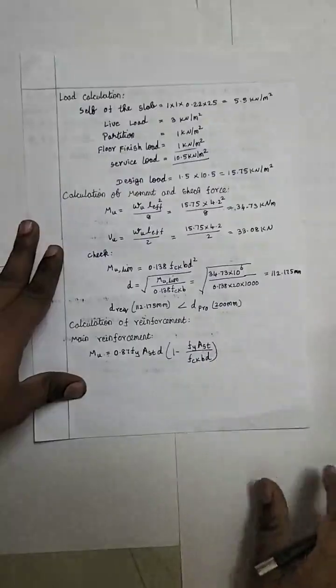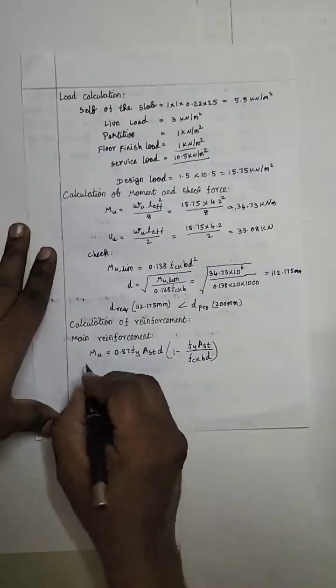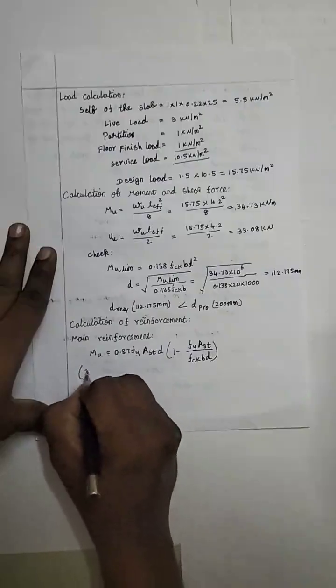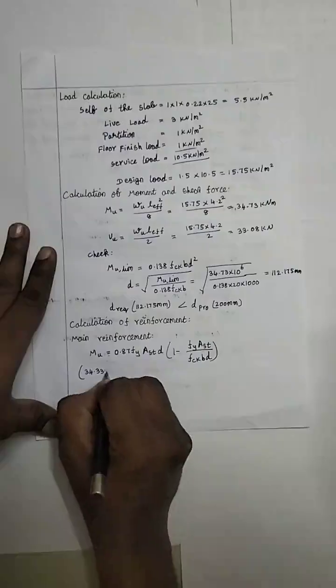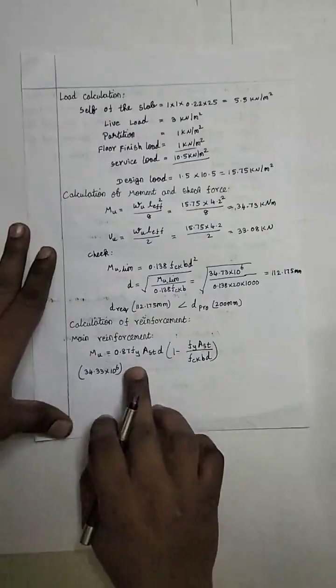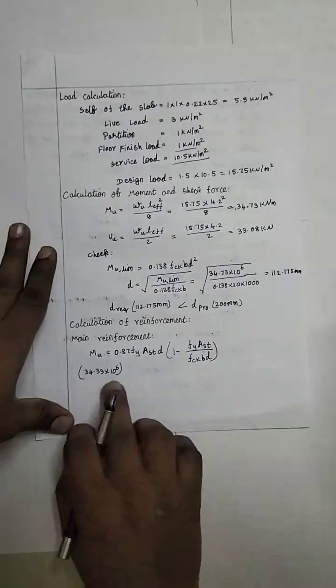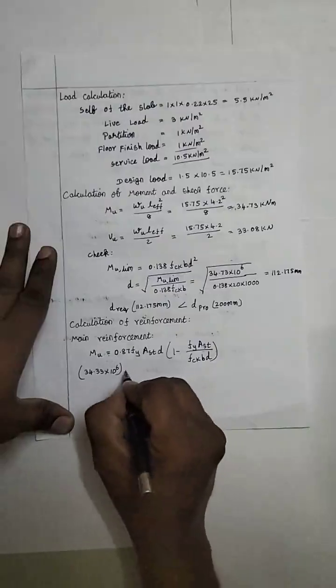As I already told, for b we need to take the value as 1000. So here Mu value is 34.73 into 10 to the power 6, because as I already told, the limiting factor is fy and fck, which will be in terms of Newton per mm square. So I am converting all the values in terms of Newton mm.